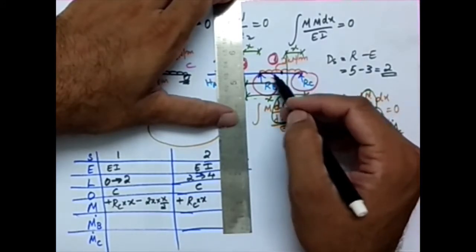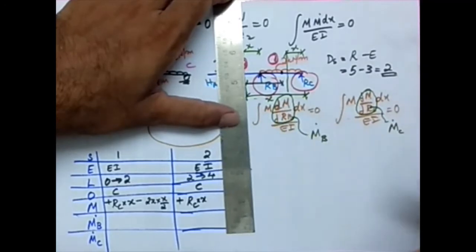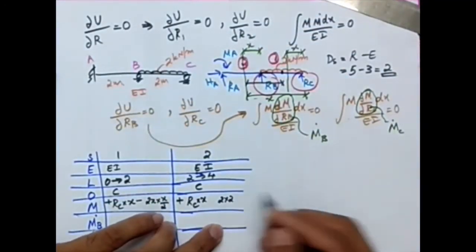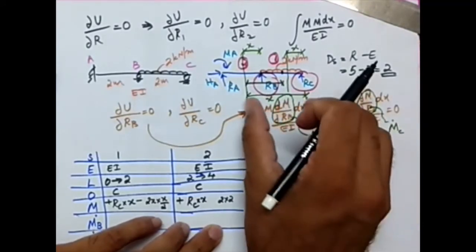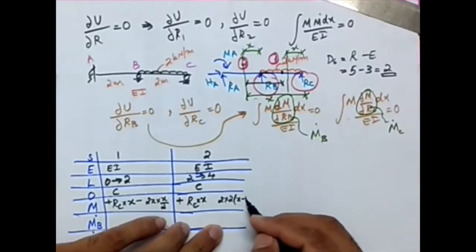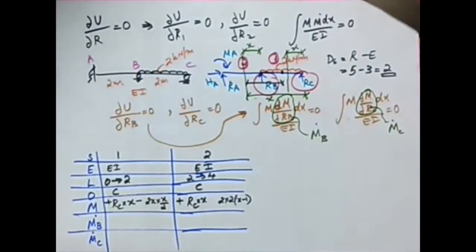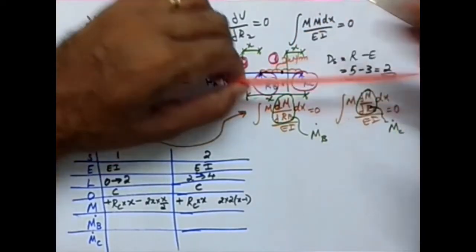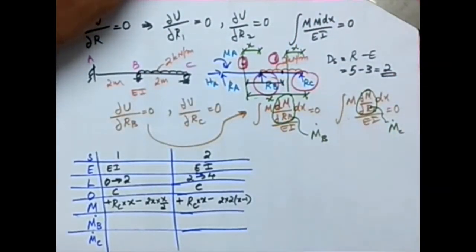So the magnitude is 2 times 2 and the lever arm is x minus 1. Now I need to check whether it is positive or negative. UDL is acting from the top, it is hogging, hence it is negative.